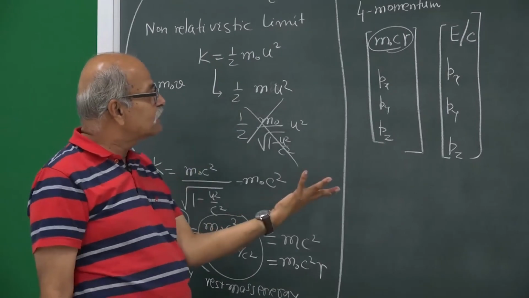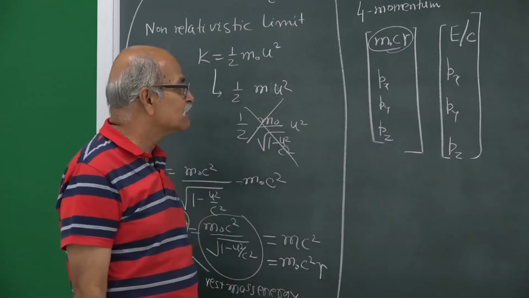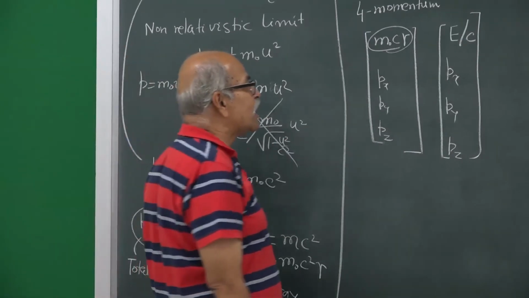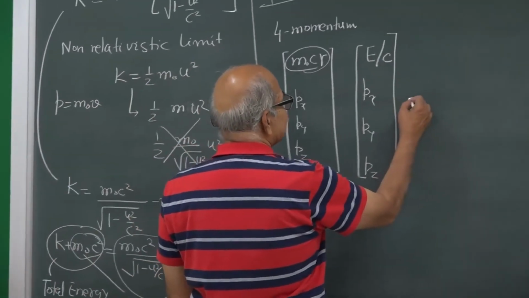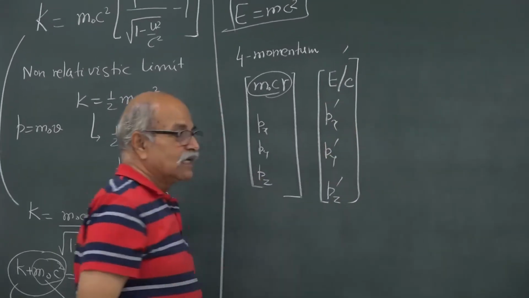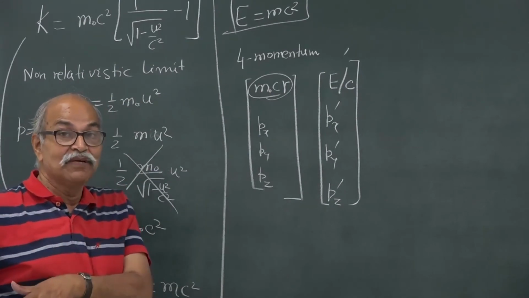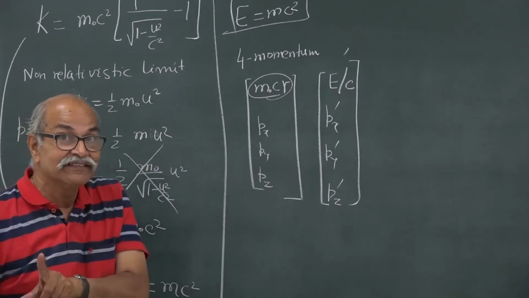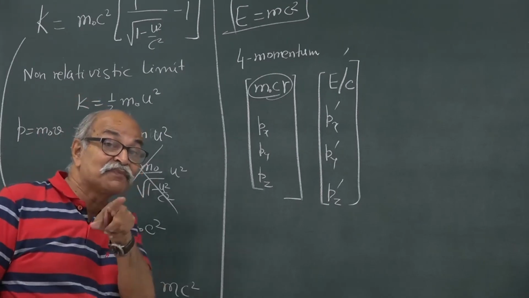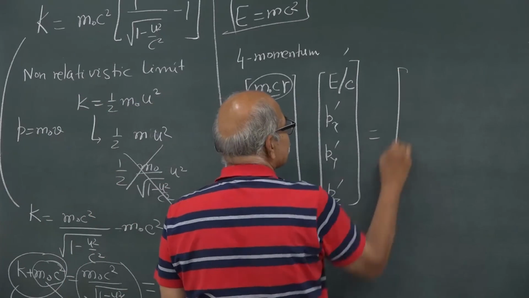This is a 4 vector, it transforms like ct, x, y, z, the same Lorentz transformation, if you are changing frame. So in the primed frame, let us say these are the quantities. Now, I am changing frame, going from S to S prime, moving with velocity v, and then there is a gamma corresponding to that v, and then you know what the Lorentz transformation is.